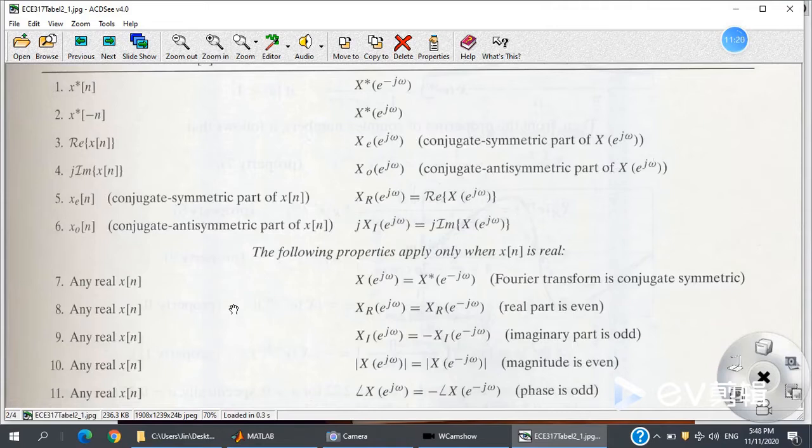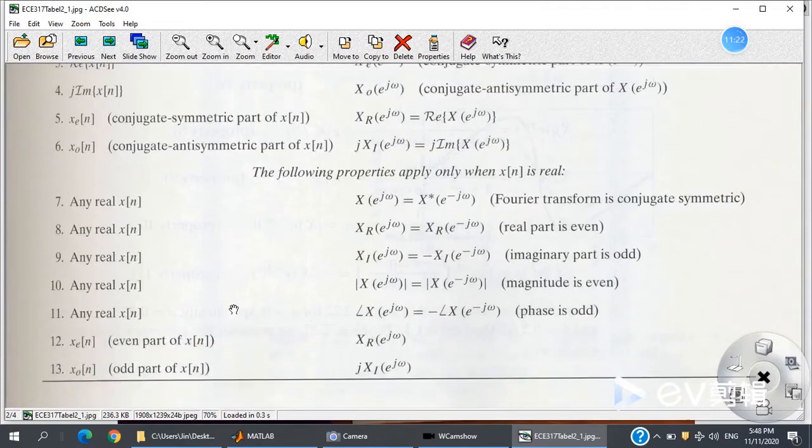Let me make it large. Real, okay. For any real x of n, we need the real in the frequency domain. In the frequency domain it is real. Which term can we see that?